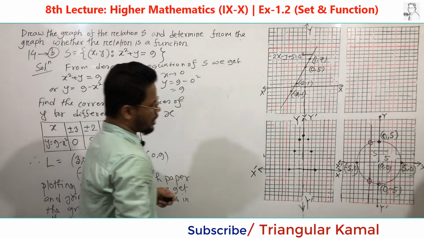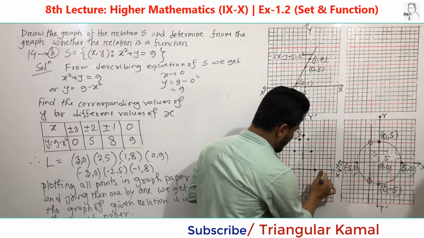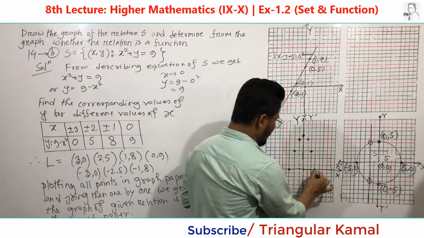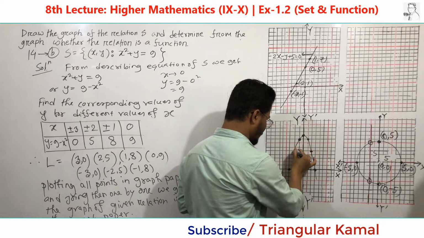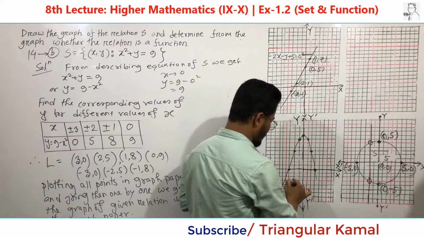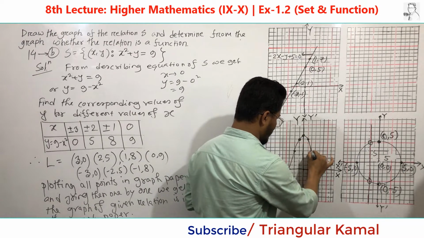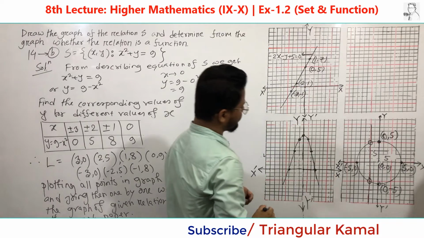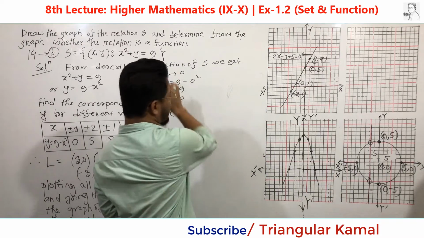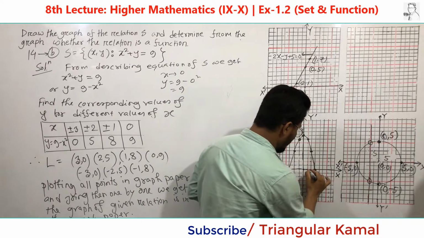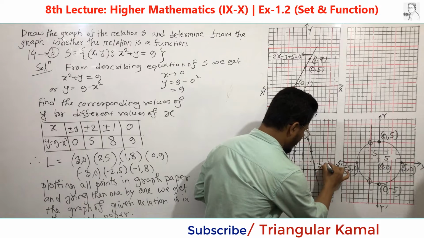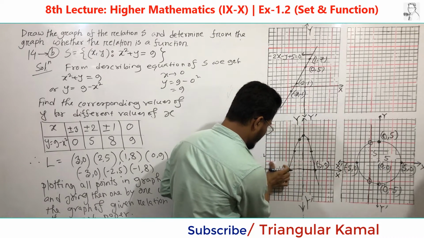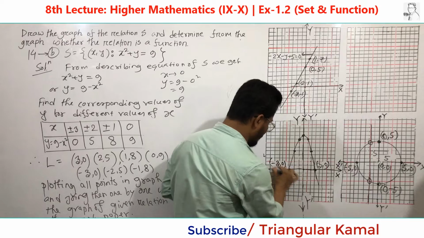So what we see now, first write all points, then join one by one. So this is the graph of the given relation. Now right here, this point is (3, 0), and this is (-3, 0).